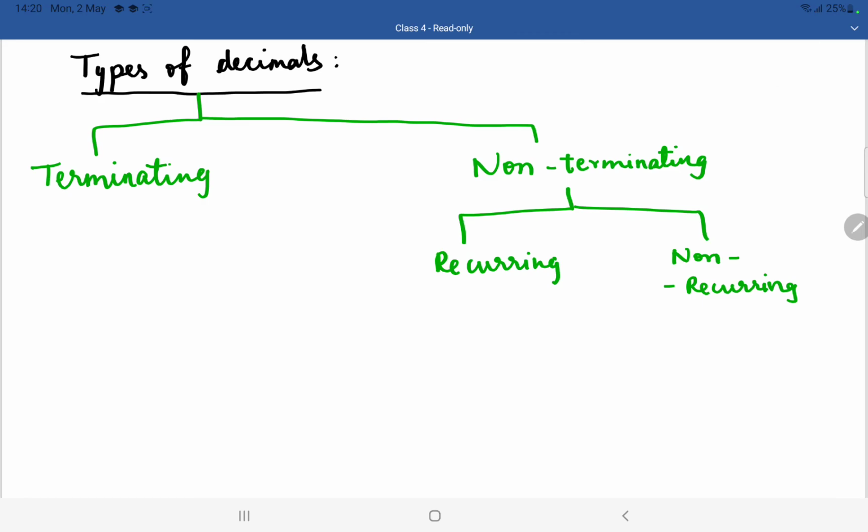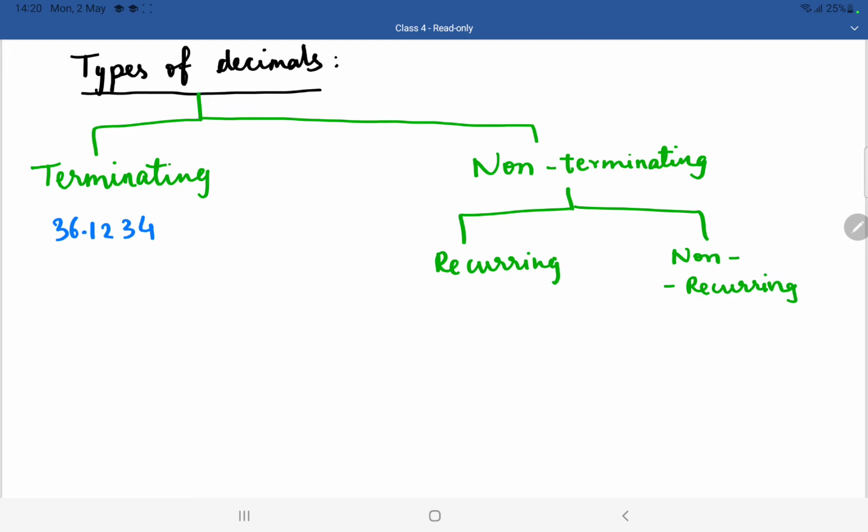Okay. So students, we have the types of decimals. Let us study the types of decimals. We have two types of decimals mainly. The first one is terminating decimals. The second one is non-terminating decimals. For example, for terminating decimals, we have 36.1234.